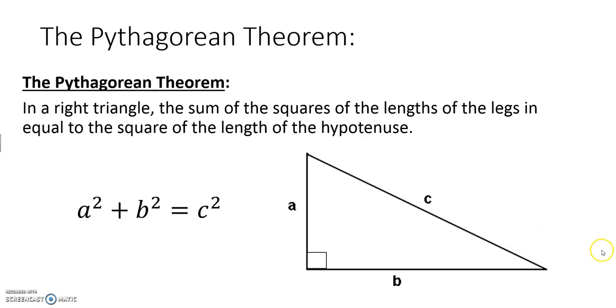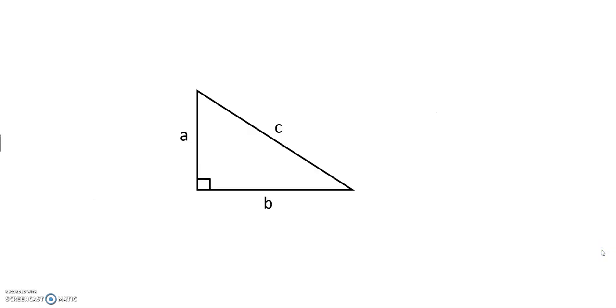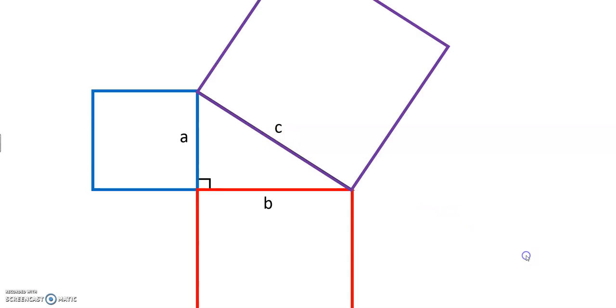Here's a little visual representation of that. We have a right triangle, with our two legs, a and b, because they make up the right angle, and our hypotenuse c. If we were to draw three different squares, and remember, squares have equal side lengths, then if we took leg a and made a square out of it, the other sides would have to be the same length as a.